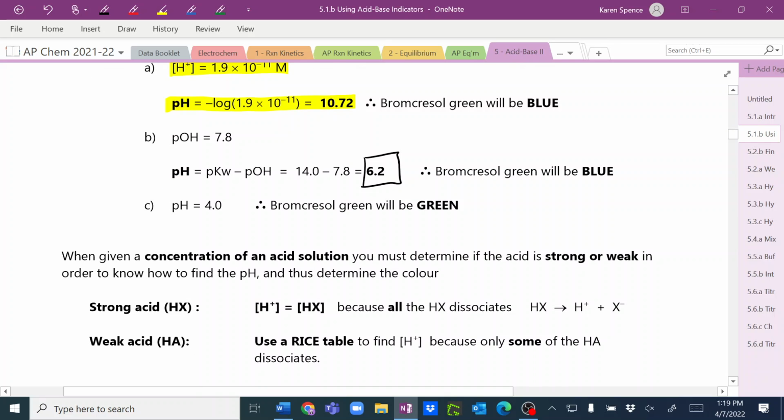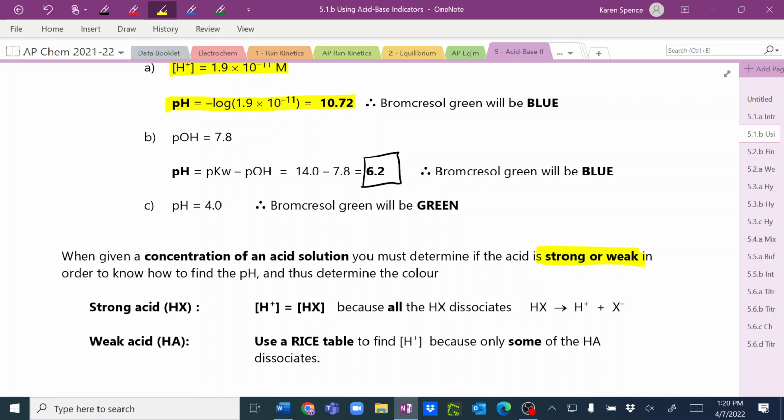If you are given the concentration of an acid, you're going to have to decide, is that acid strong or weak? Because if it is strong, hydrogen ion concentration is just equal to the acid concentration. Yes? But what if it's weak? What if you have a weak acid?